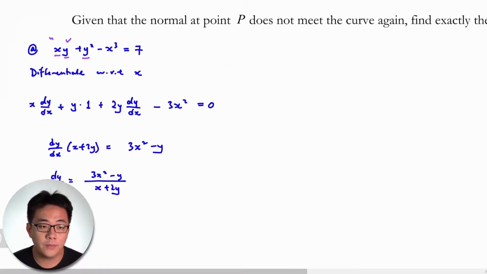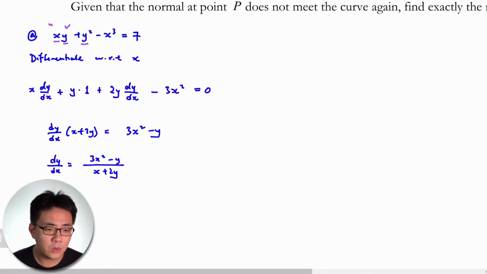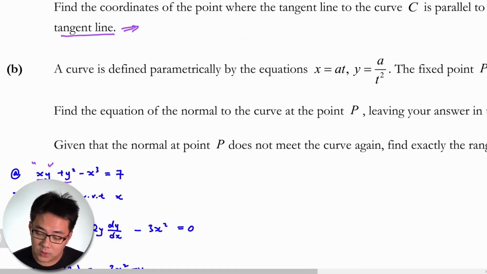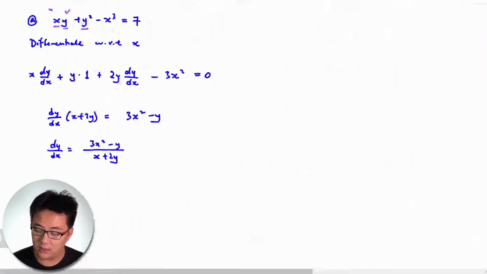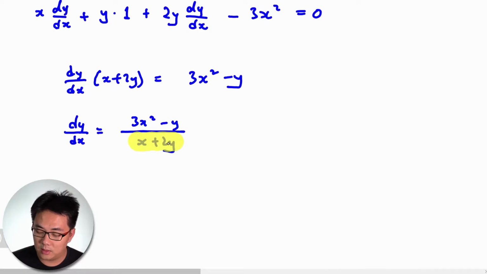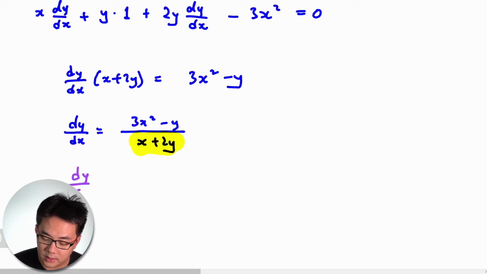Now let's try and make sense of what we are supposed to do here. The first thing you should take note of is that you want dy/dx to go to infinity. Since dy/dx goes to infinity, the denominator goes to 0, which just means that x plus 2y goes to 0.